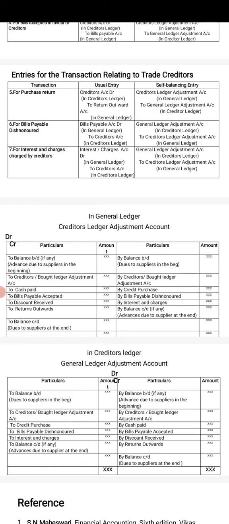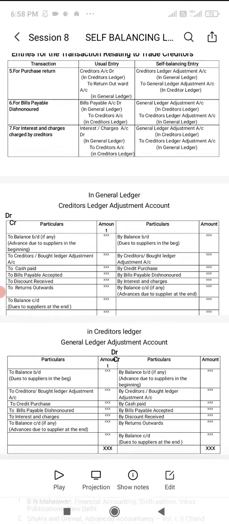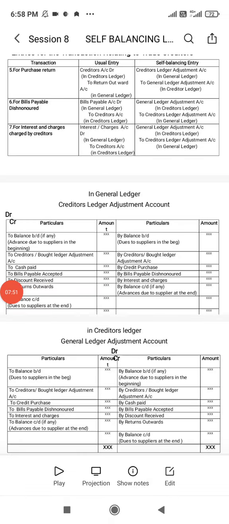See, in creditors ledger adjustment account, either we can find out closing balance of the creditors, or else we can find how much credit purchases, or how much cash paid, etc. First we'll see debit entries: to balance brought down, to creditors ledger adjustment account, to cash paid, bills payable accepted, discount received, return outwards.